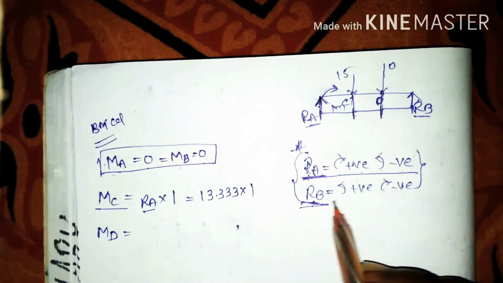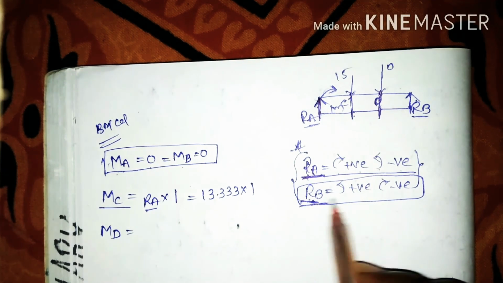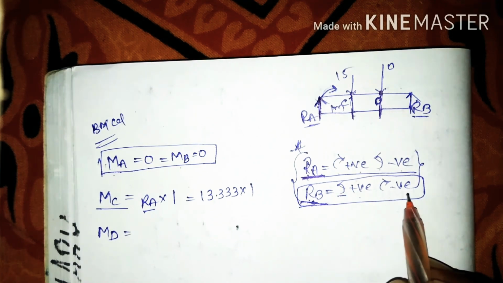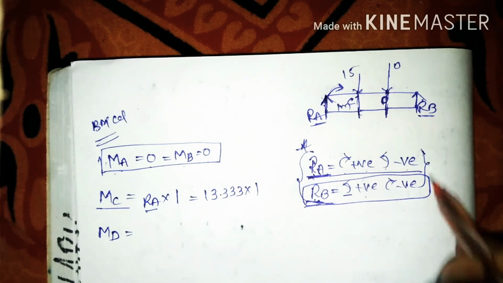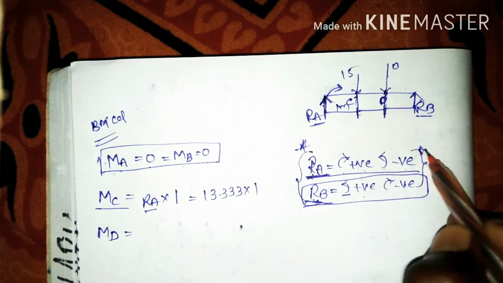Next, for the moment about D, I am going to consider RB. As we discussed earlier, when we take from RB, anti-clockwise direction is positive and clockwise is negative. These are different signs and different clockwise directions, so it will be easy to remember.